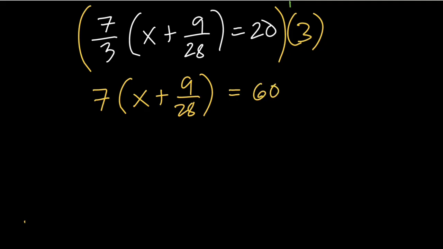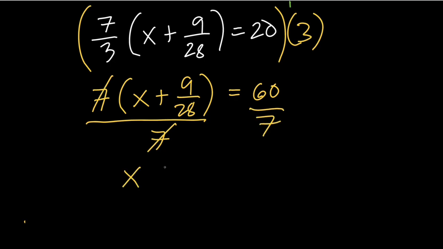You'll be dealing with fractions, the same thing, because you will divide both sides by 7. So you'll be left with fractions still. It's the same. Then you subtract 9 over 28 from both sides, and you'll be dealing with fractions.